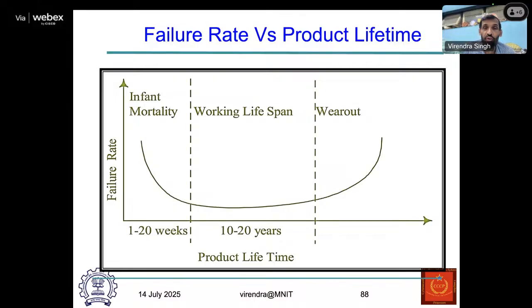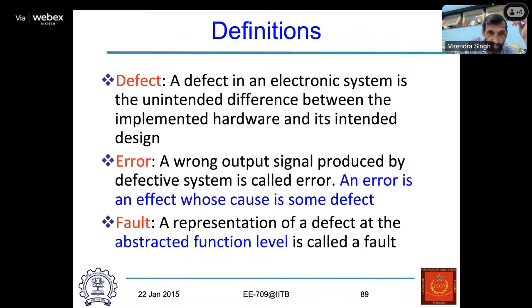Although there is no physical wearing of the devices, they have an aging impact when you are operating them, and they will fail after some time. So this is the working time span: from a few weeks to a few years, they work reasonably well. Our aim is to find all the bad chips at time t equal to 0 when we are manufacturing, and also weed out the chips which are likely to fail in the near future.